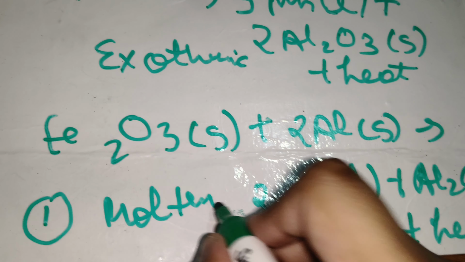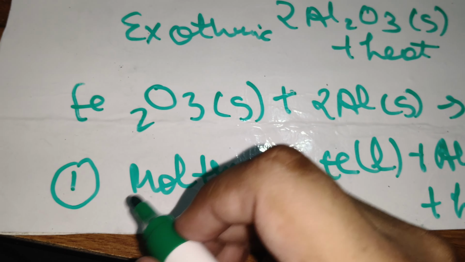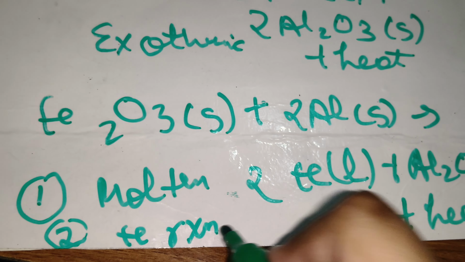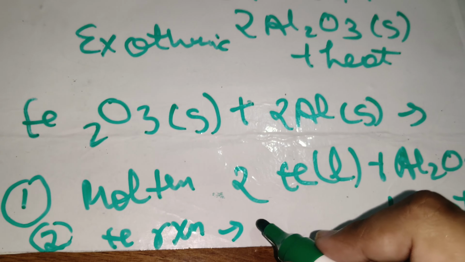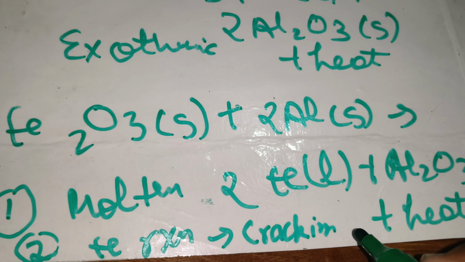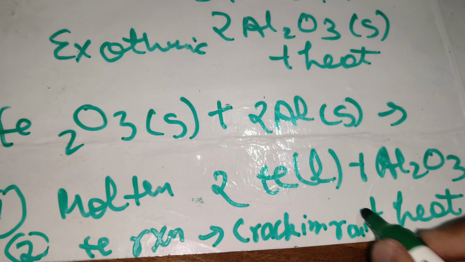At the same time, for this specific iron reaction, the heat generated can be used to repair cracks in railway lines.